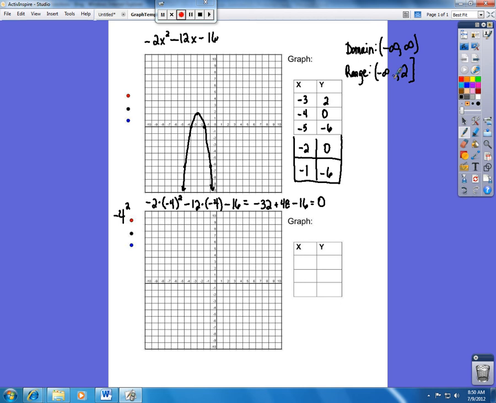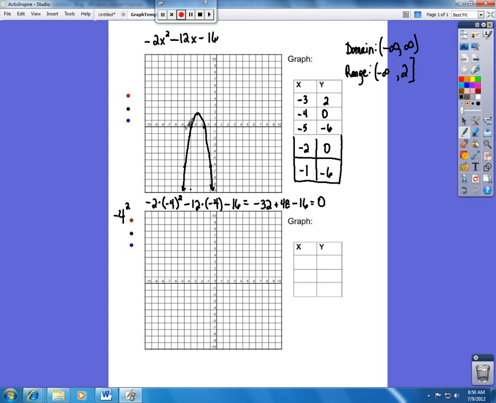Now, they want you to define the intervals where the function is increasing and where it is decreasing. And the way I like to look at this is to start from the lowest possible point on your graph, always starting on your left and going right, because you're increasing in x values as you go in this direction, right?